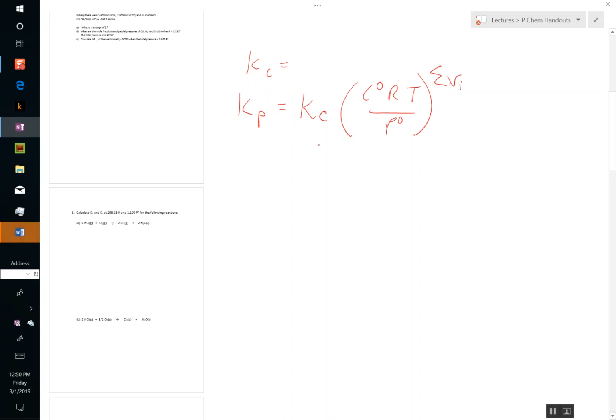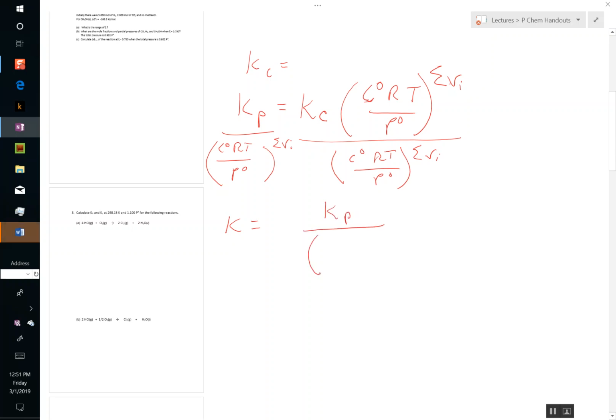So if you divided this by this term, you would have to divide this by that term. So you'd have Kc equals Kp divided by this term.